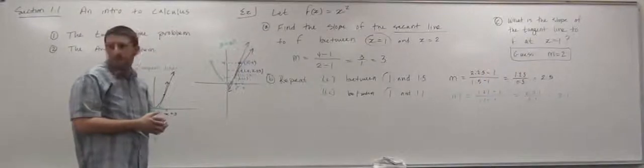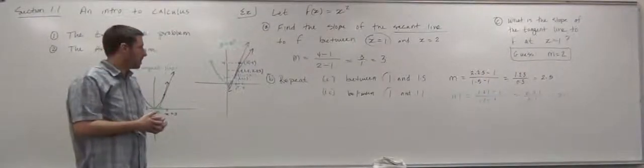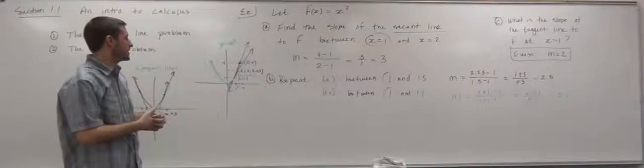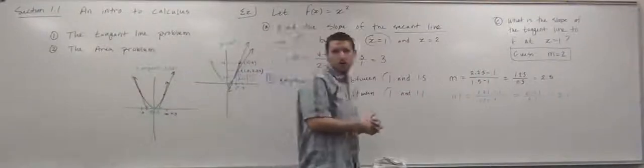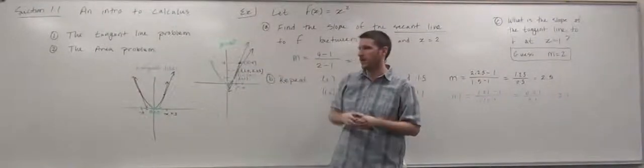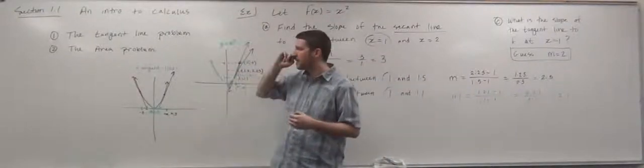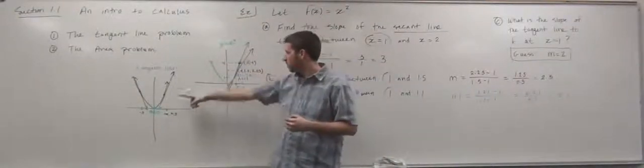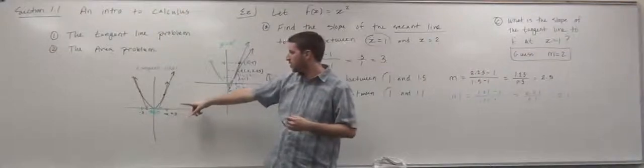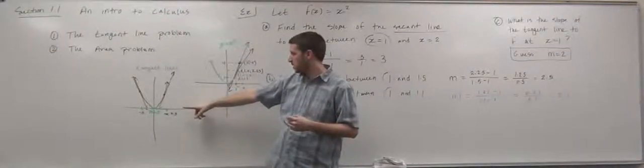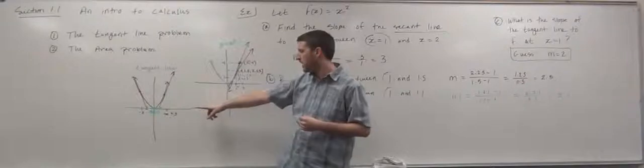Would it be 6? For the other one? What would be 6? The tangent line. The slope would be 6. Where would the slope be 6? X equals 3. Yeah.